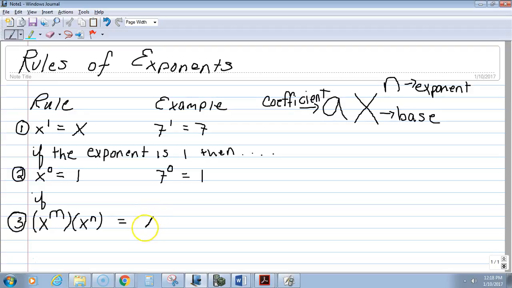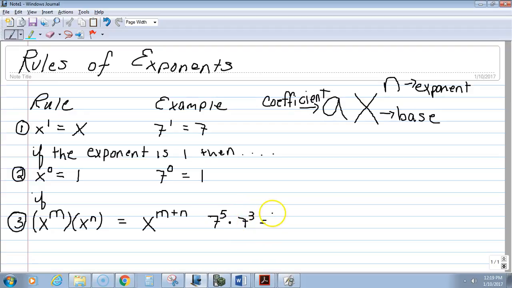My base stays the same, and you add the exponents. So it's going to be x to the m plus n. Okay? So if we have an example, let's do it first with 7 to the 5th power times, and this time I'll do multiplication as a dot, 7 to the 3rd power.